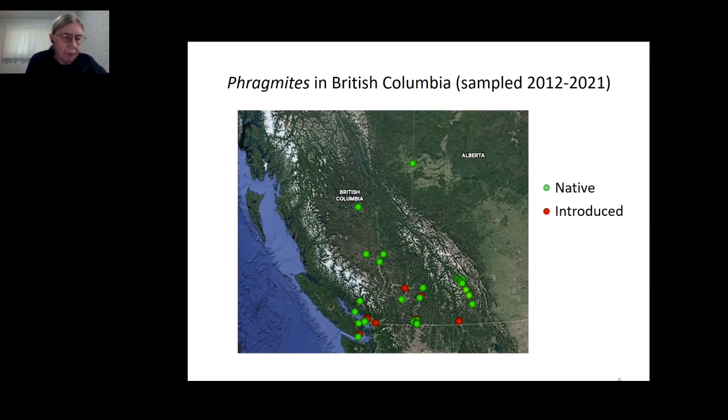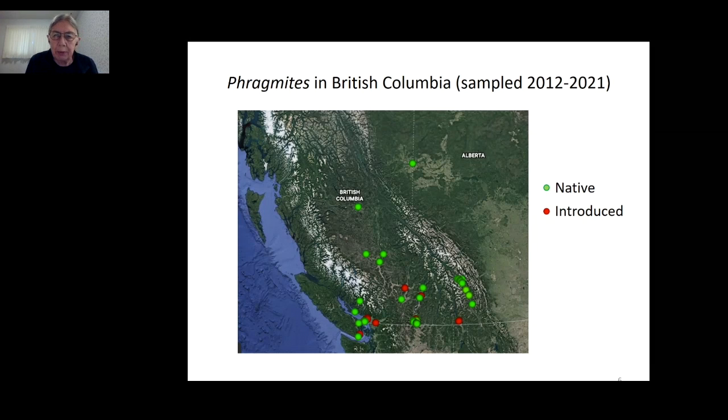This is a map showing the sampling that Becky did with her group, looking at occurrences of Phragmites all over British Columbia. She collected samples for us, and we applied those DNA markers to see which ones were native DNA variants and which ones were non-native.